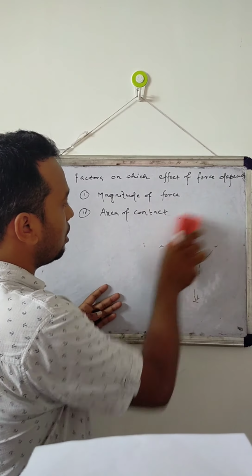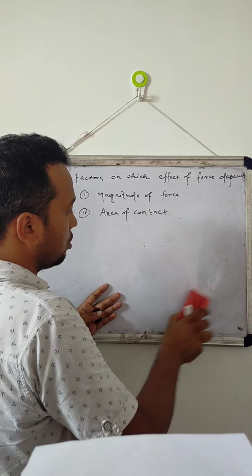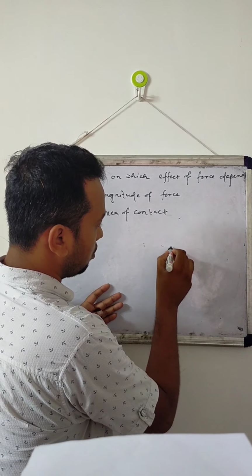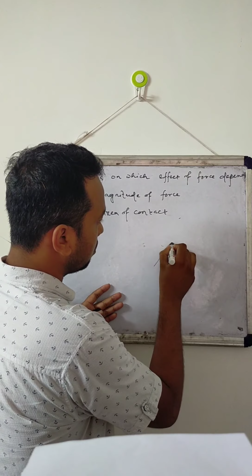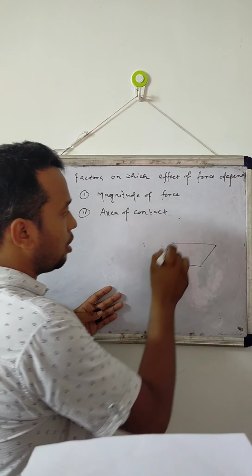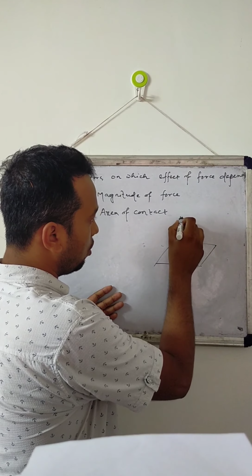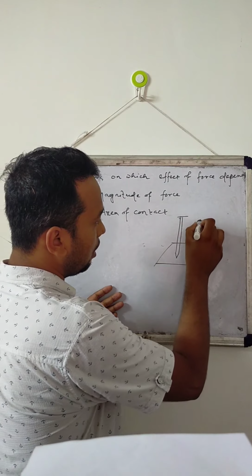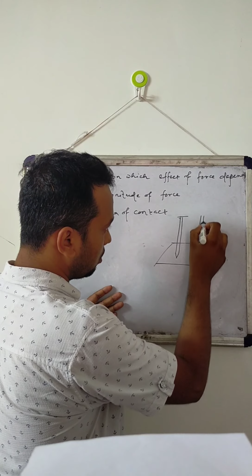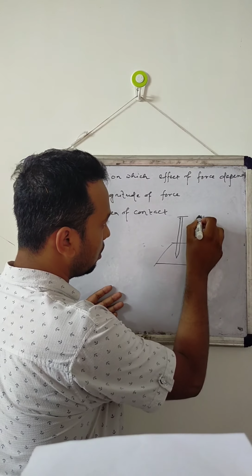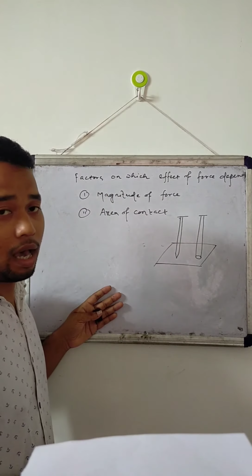So next, area of contact. Again we are considering a wooden surface. In the first case we have taken a sharp iron nail and another blunt iron nail.